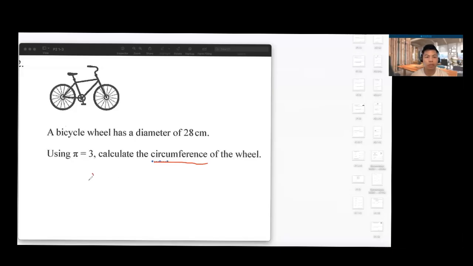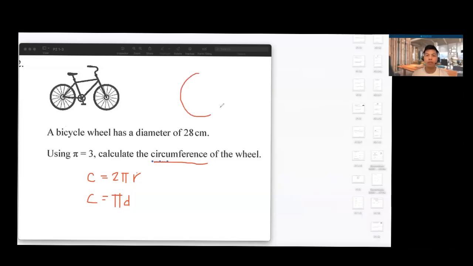So the circumference of a circle, the formula is 2 pi times the radius, or if you have the diameter, it could be pi times the diameter. R is the radius. Do you know what the radius is? Malia, do you know what the radius is?